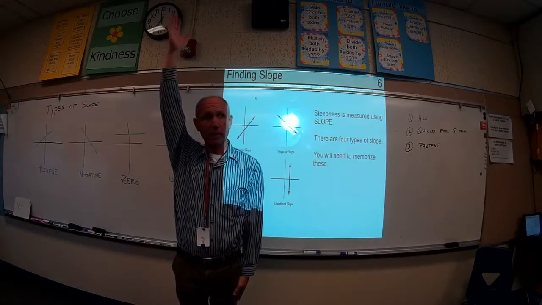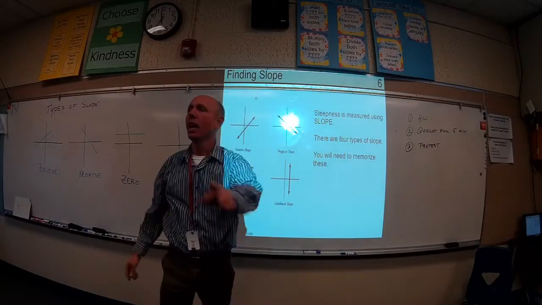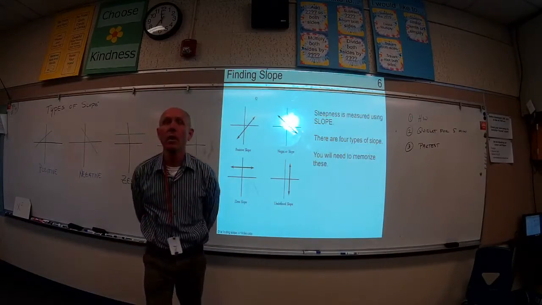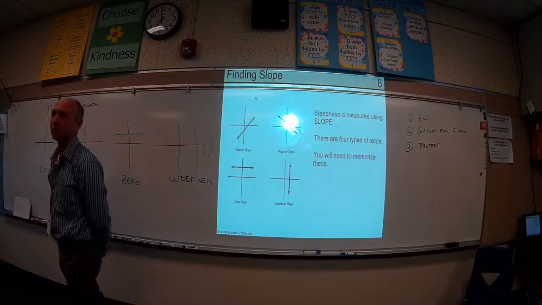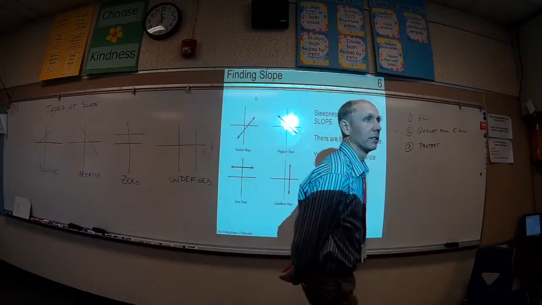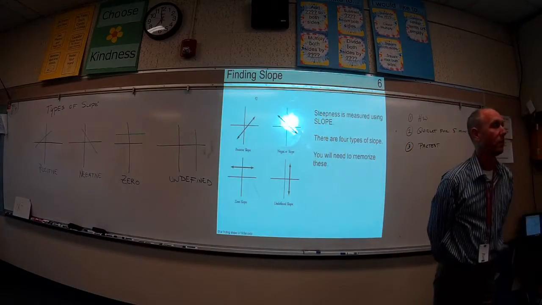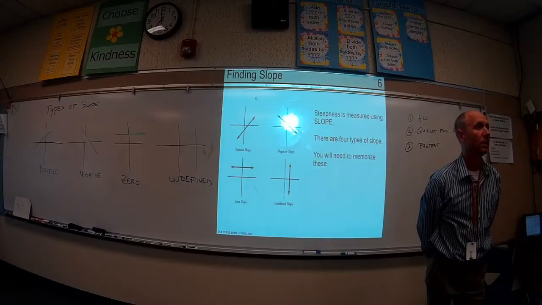Jordan's doing this, straight. I'm going to keep my arms down. Now you guys do it. Ready? I want a positive slope. Never mind, give me a negative. Sorry, positive. 0 slope. Undefined.